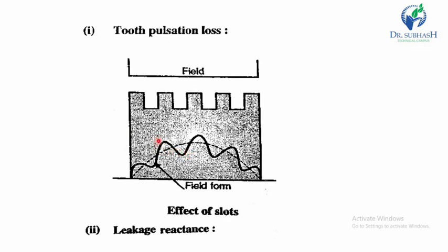Thus use of a large number of slots will reduce leakage reactance, and it can also be shown that slot leakage reactance is inversely proportional to the number of slots per pole per phase. So when the number of slots is large, leakage reactance is small. As leakage reactance reduces, overload capacity of the motor increases. So we have to select a larger number of slots to get higher overload capacity.